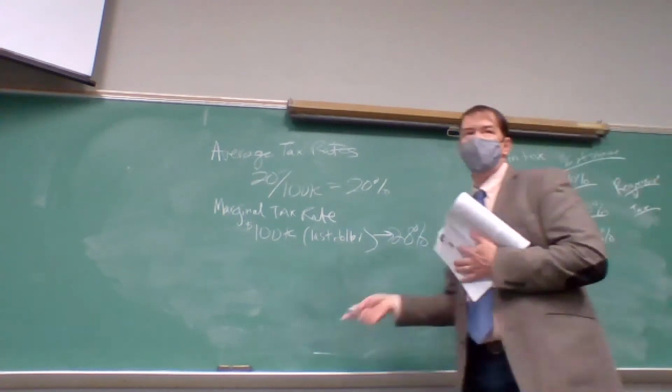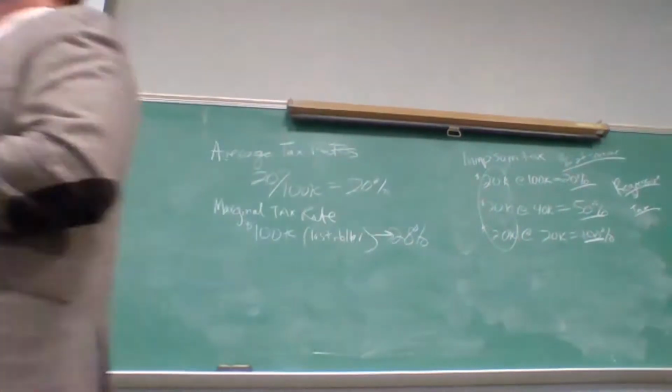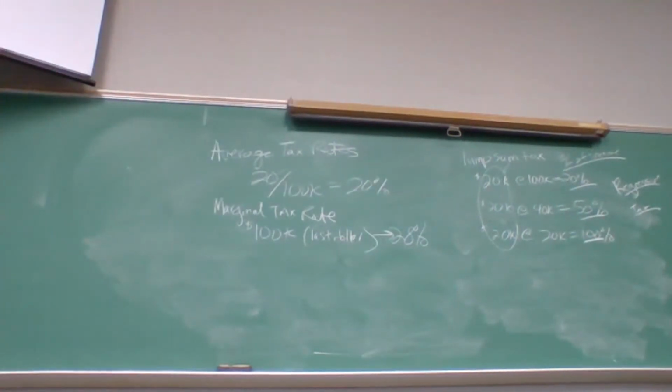That means people that earn less pay more. If I'm making $420,000, $20,000 tax ain't much. If I'm making $25,000 a year, $20,000 tax is devastating. Lump sum tax, highly regressive.